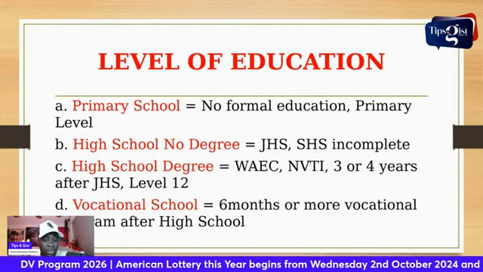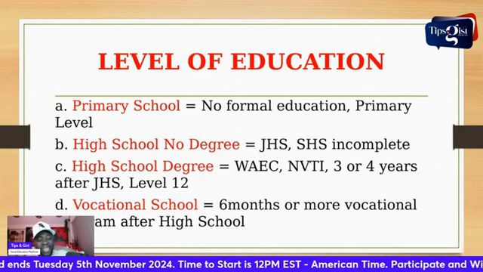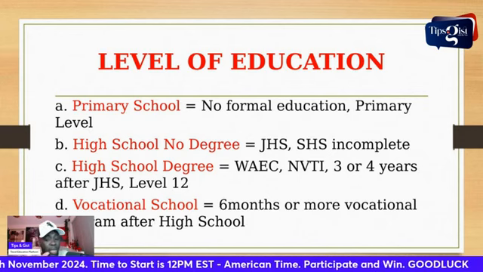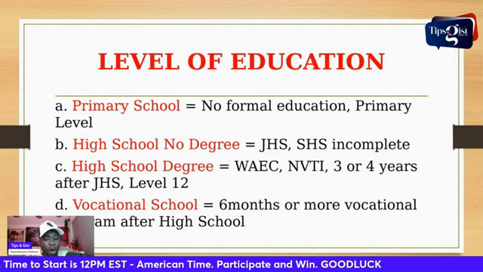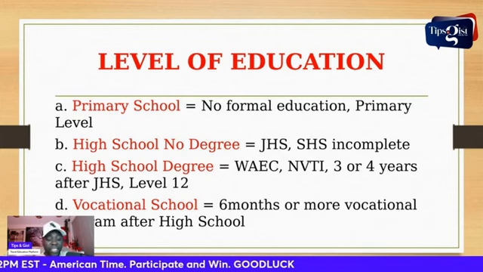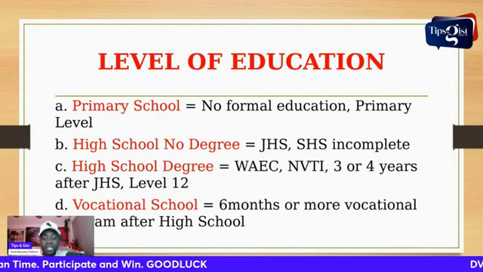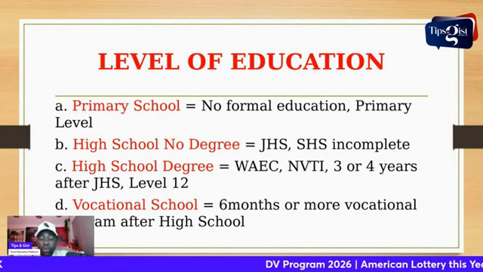High school degree is somebody completing a senior secondary school. Example is the WAEC, the NVTI, or 3 or 4 years after JHS. So after JHS, if you scored a formal education for 3 or 4 years, when you convert it to American standard, it should be level 12.